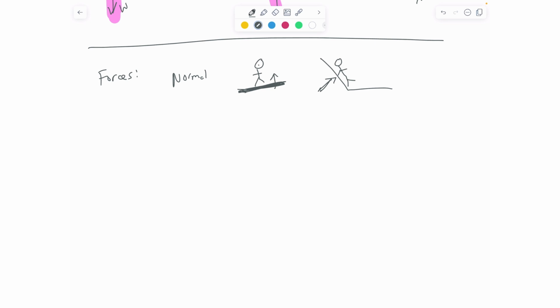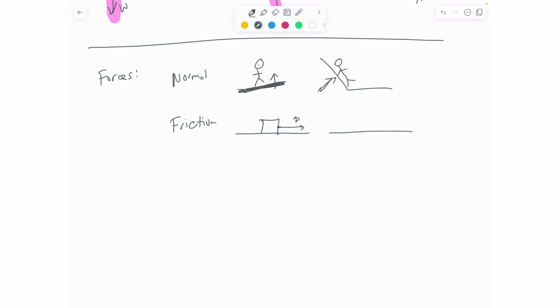The other one, of course, is the frictional force. Let me talk about how friction works. Let's imagine two scenarios here. There is a box, and there's some sort of force trying to pull it this way.